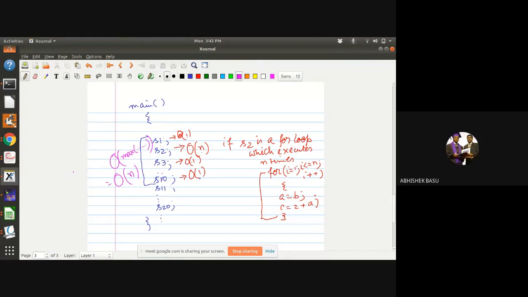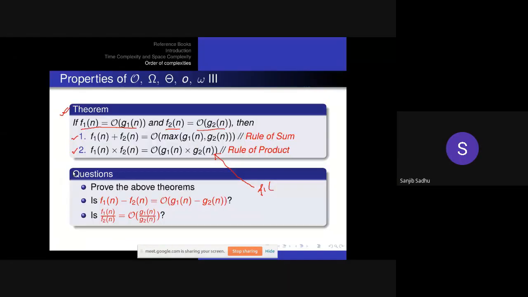Okay, sir. Now I'll show you another example, but before that, homework. Prove the above theorem. It has been done. Now here you see f1n minus f2n. You know the rule of sum says this and the rule of product says this. Is it true that f1n minus f2n is big O of g1n minus g2n? If it is true, you have to prove it.